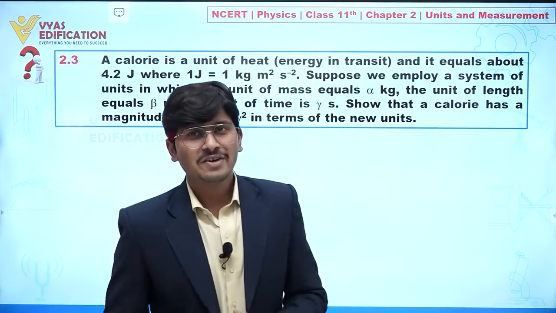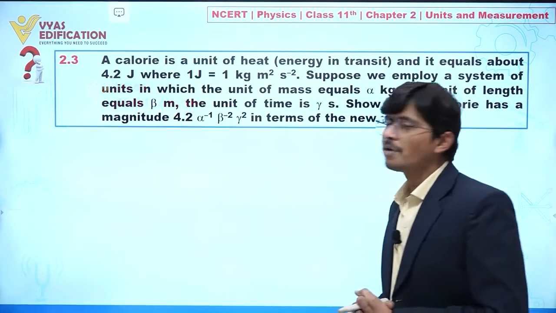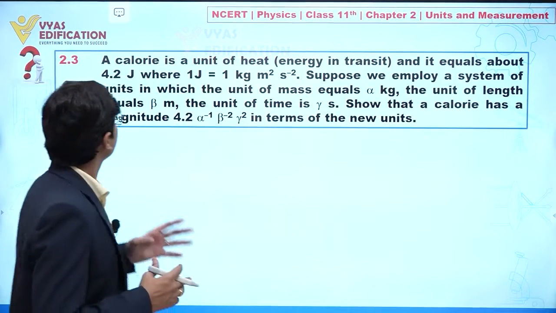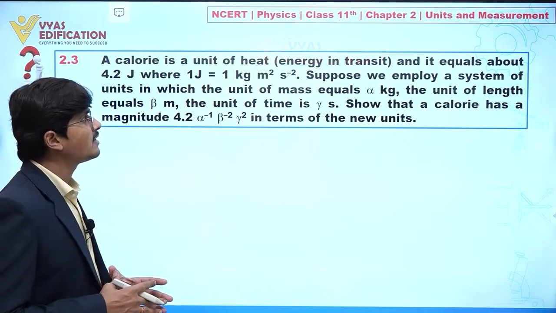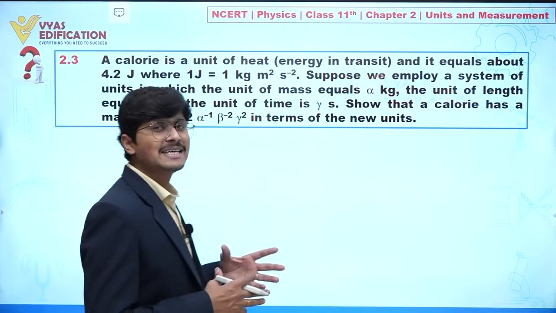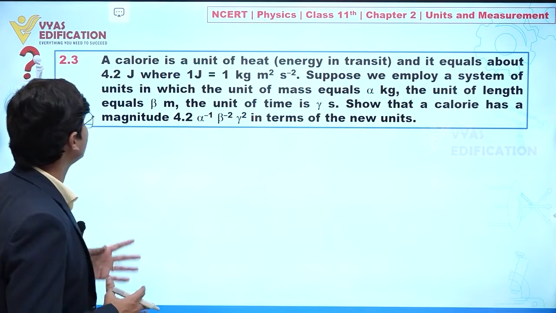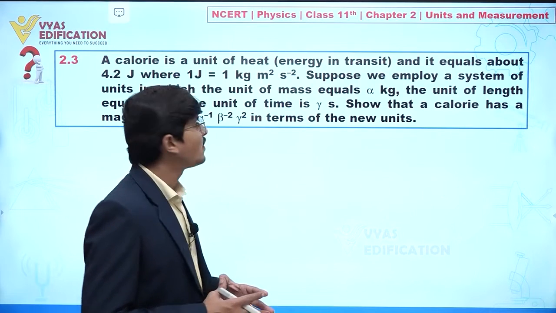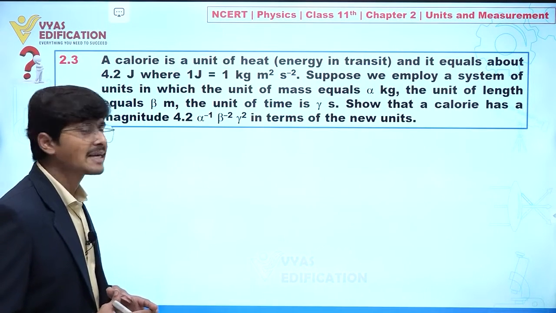Now dear student, we are going to discuss question number 2.3, and in this question it is given to you that a calorie is a unit of heat, or we can say energy in transit, and it equals about 4.2 joule, where 1 joule is equal to 1 kilogram meter square per second square.